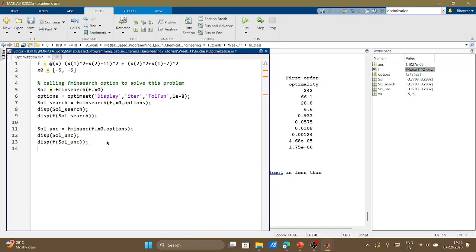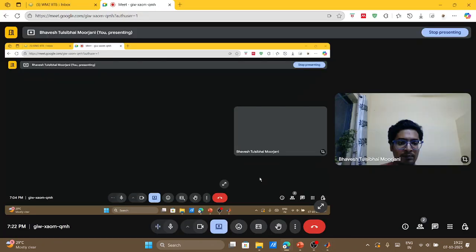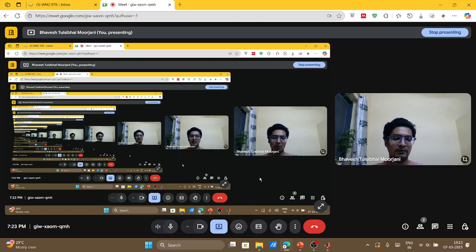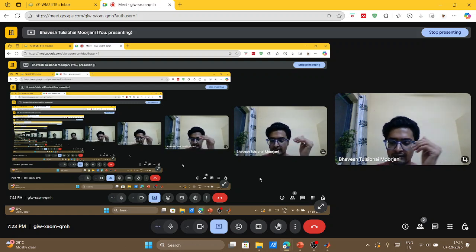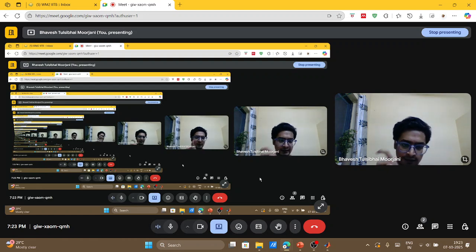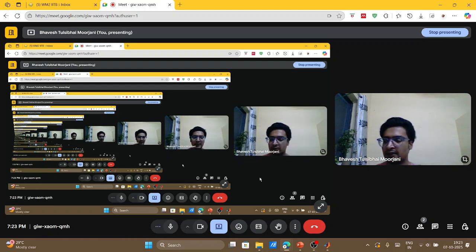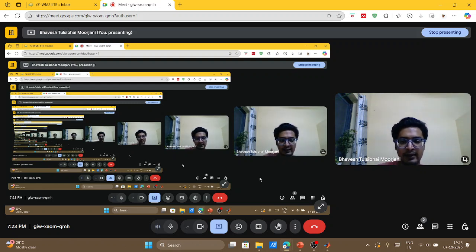You are getting the same solution, but depending upon what kind of optimization method, what kind of numerical method is being coded within that particular command, you will get a slight difference in the value or difference in the accuracy, and the speed will also be different. Again, the kind of problems that we are doing here are much simpler, so there is not much difference when I use f mean search or f mean unconstrained part.